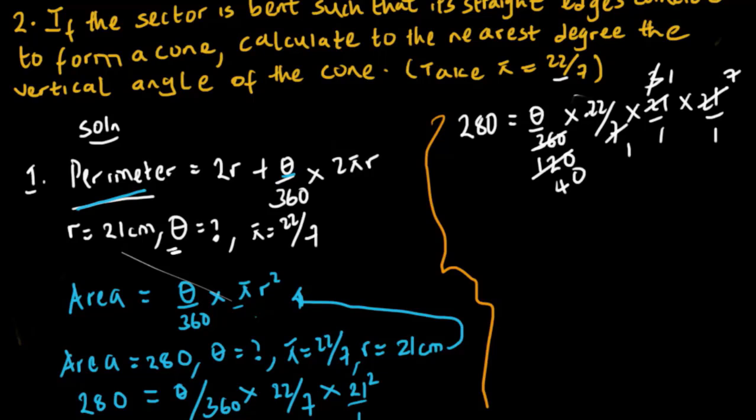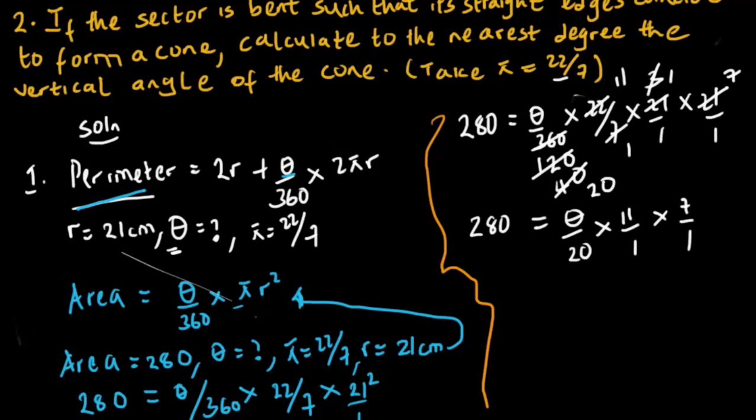We can also cancel 2: 2 into 22 is 11, 2 into 120 is 60... So I'm left with 280 equals theta over 20 times 11 over 1 times 7 over 1.